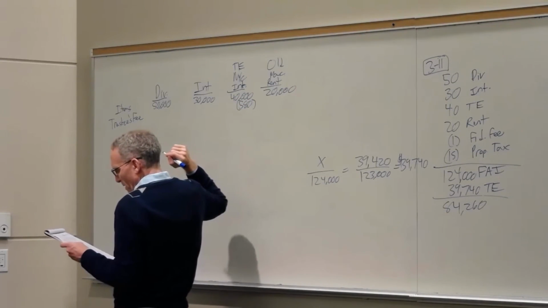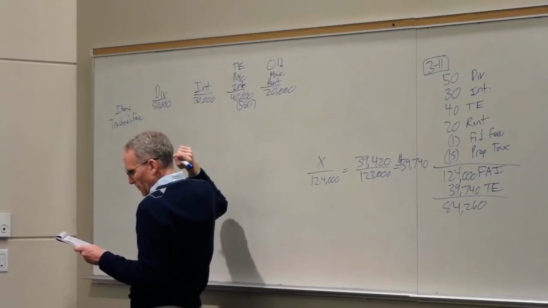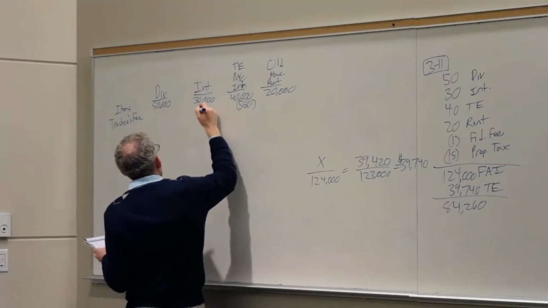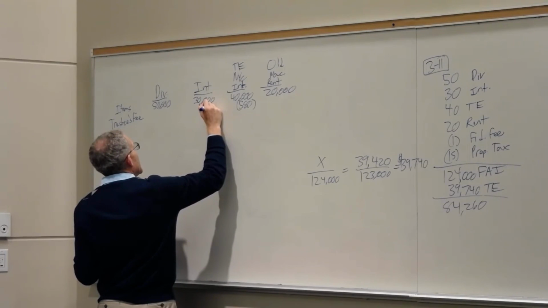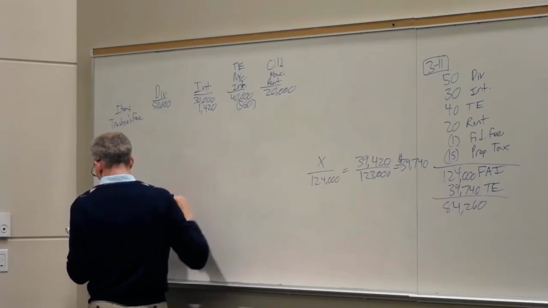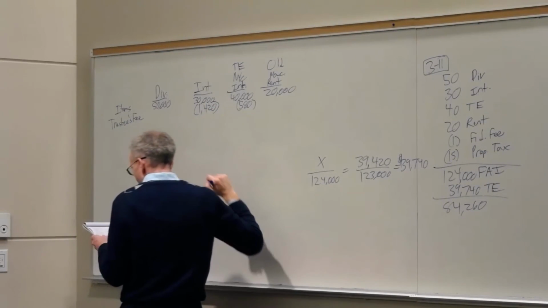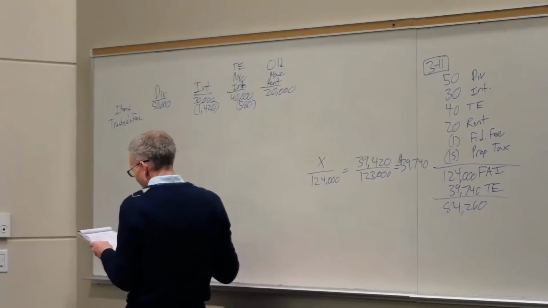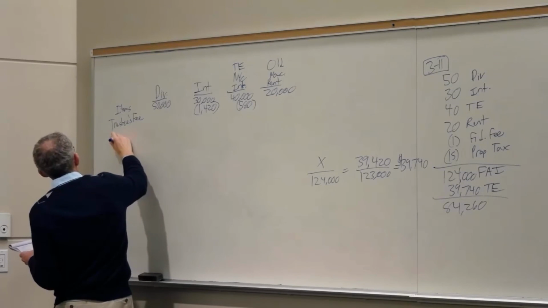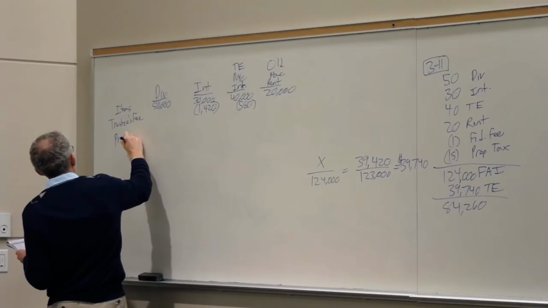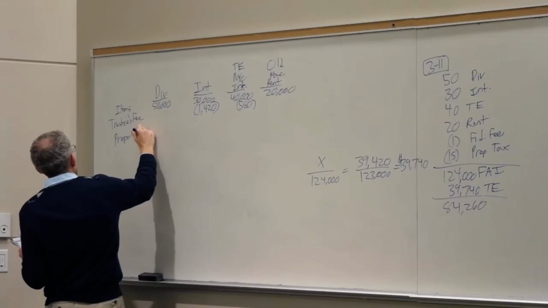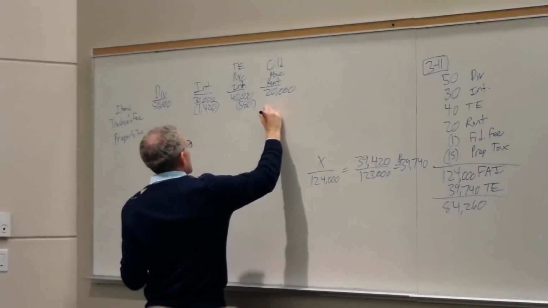How about the other 1420? You can allocate it how you wish, right? Right, and we'll allocate it against the interest. And what about the property tax of 15,000? Direct to the rent. It's a direct expense. It has to be allocated to the rent.